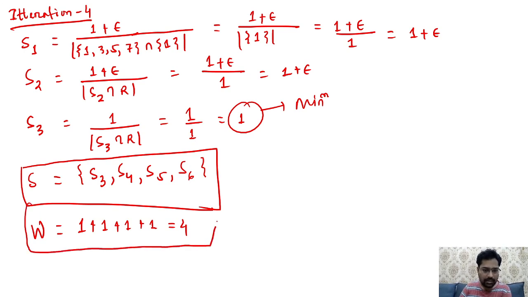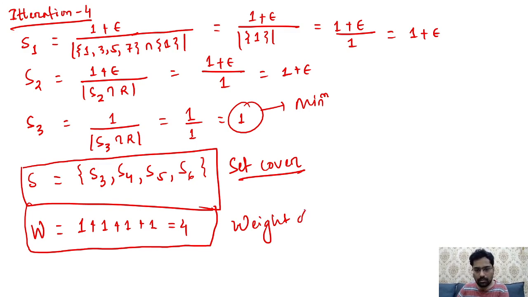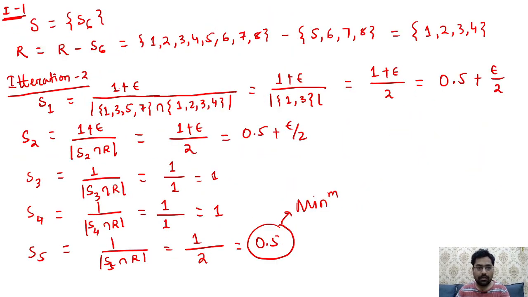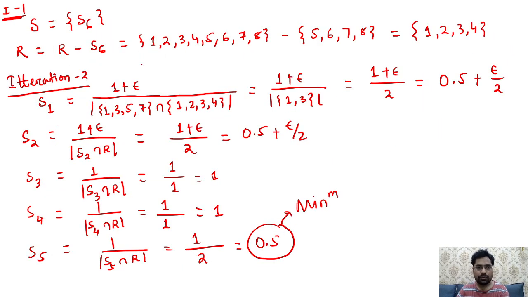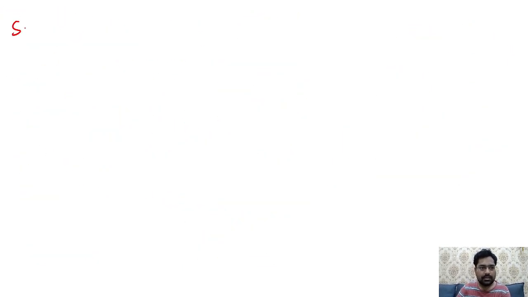They are definitely a set cover for us. This is definitely a set cover for us, and this is the weight of the set cover. But this is not optimal. Clear? And you know the optimal will be as per this 1, 3, 5, 7, and if you combine these two, the optimal could be written as S star will be S1 and S2. Why?